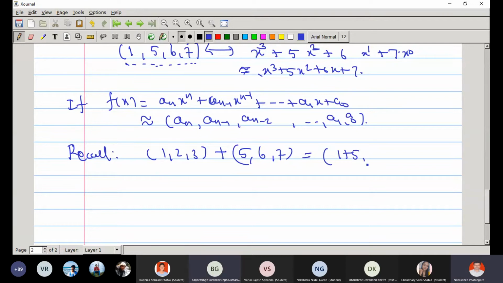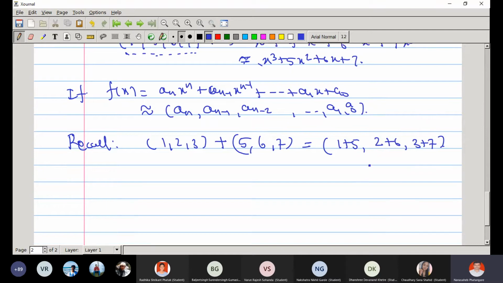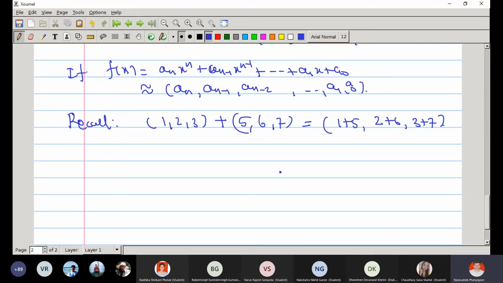Add their components, component wise. Exactly in the same manner we are going to add polynomials, right? And therefore there is no role of x as such. It is just for the position, right?